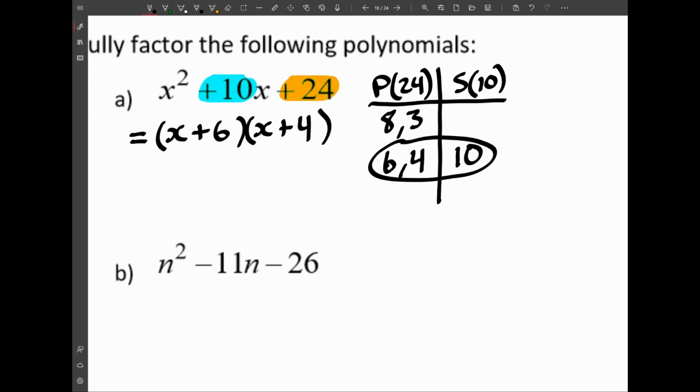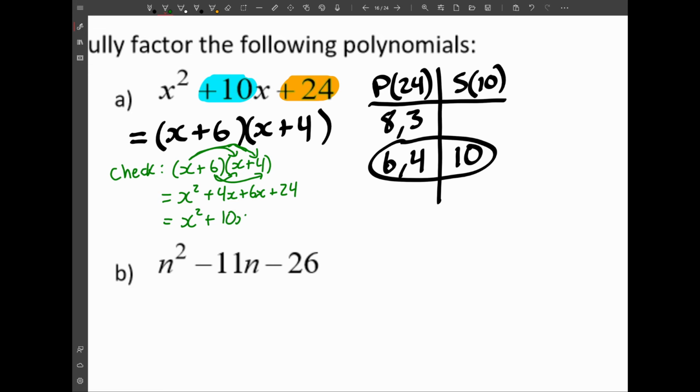And if we were to check our work, which you should always do if you're uncertain, even if you are certain, it doesn't hurt to check. x times x is x squared. x times 4 is 4x. 6 times x is 6x, and 6 times 4 is 24. Combine our like terms, x squared plus 10x plus 24, which is exactly what we started with, so we know we did it correctly.